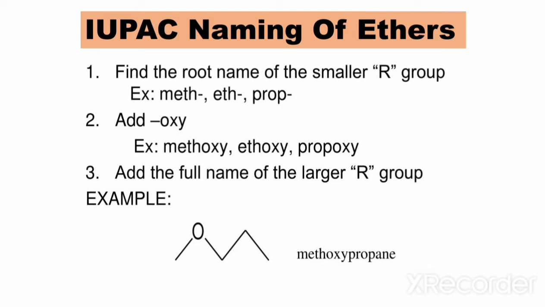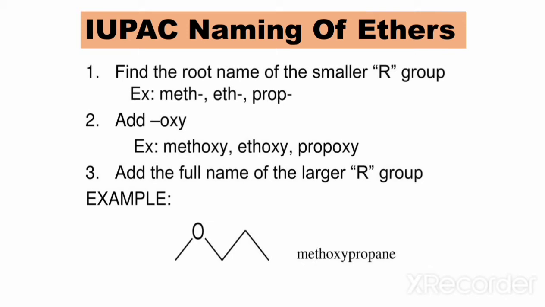We add oxy to the methyl, so it forms methoxy. And we write the full name of the larger alkyl group, that is propane, so it is named methoxypropane.